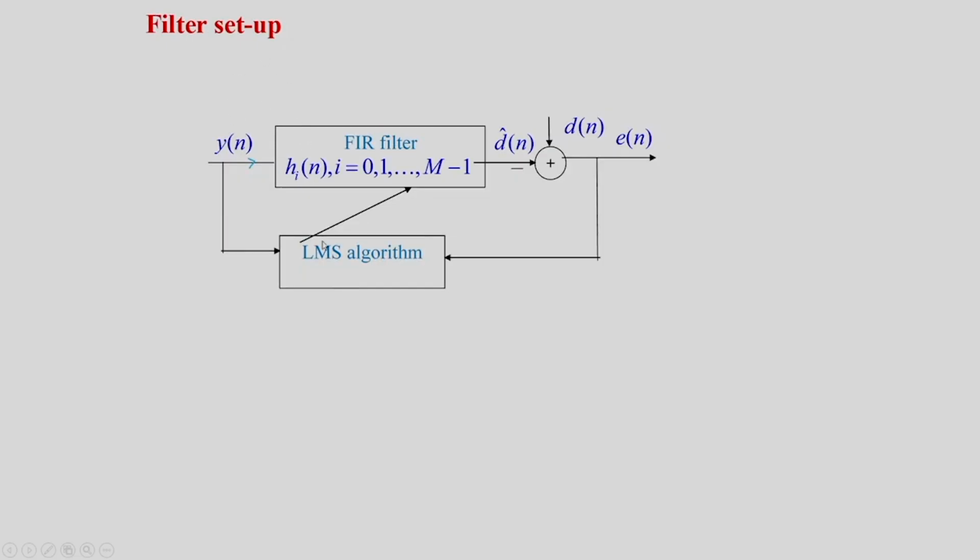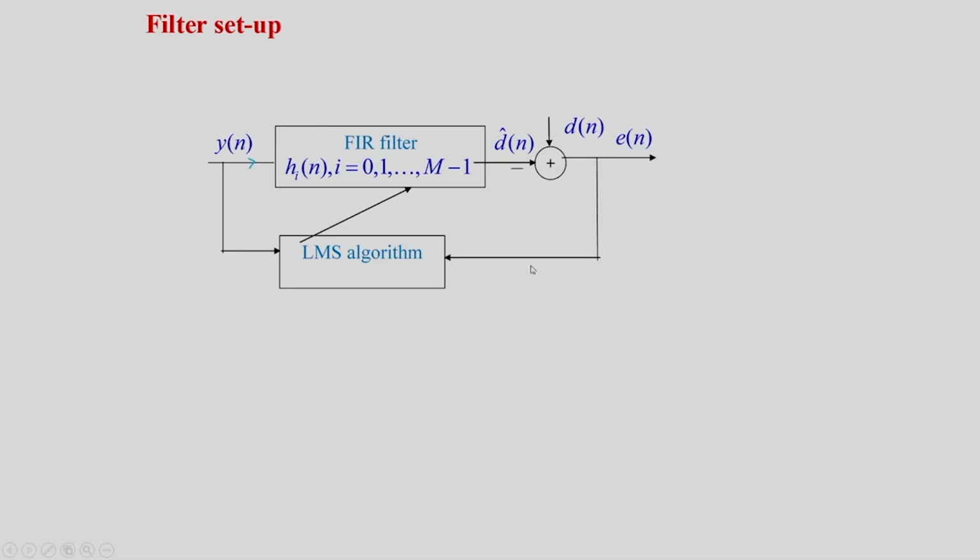Now, we describe the LMS algorithm based adaptive filter setup. Here yn is the input. This is passed through the FIR Wiener filter of tap length m minus 1. Then we will get the estimate of the desired signal. And this is the desired signal which we have to estimate. So, this is positive, this one is negative. So, that difference is the error signal.